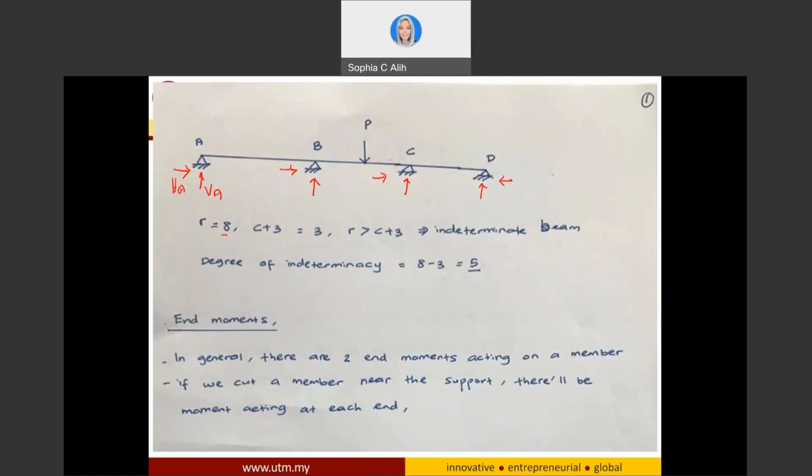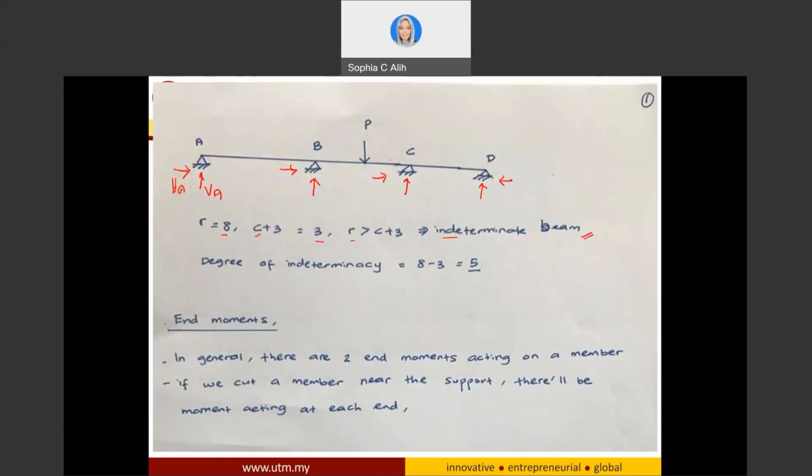Since there is no internal or external pin, my C is equal to 0, so C plus 3 is equal to 3. If I compare this value, I will have R bigger than C plus 3, so this is classified as an indeterminate beam, statically indeterminate. I couldn't use the simple equilibrium equation to analyze this beam.